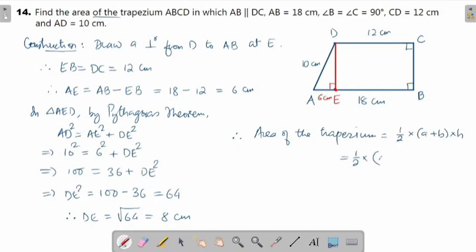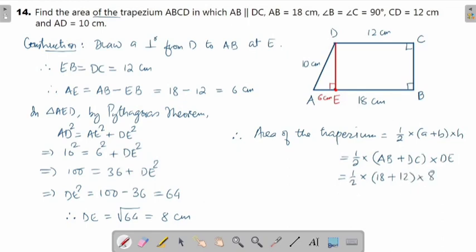So I can write AB plus DC, and height is DE. So we have half into (AB is 18 plus DC is 12) into DE, which we just found to be 8.